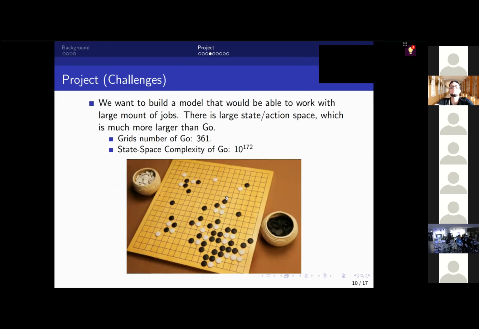We need to recommend that a taxi driver go to a different region, but the problem here is that the number of taxi drivers in the city can be a very big number, right? If we want to use reinforcement learning, then we can try to construct different types of models.